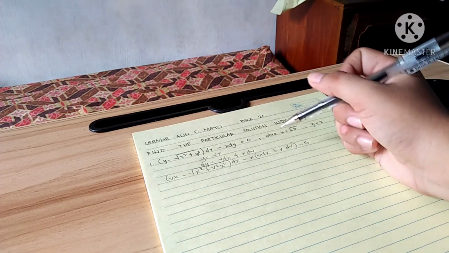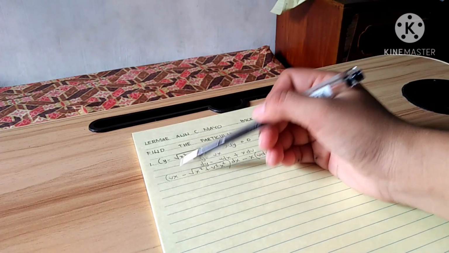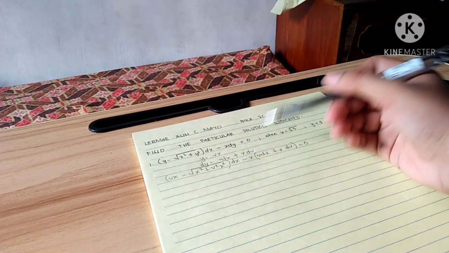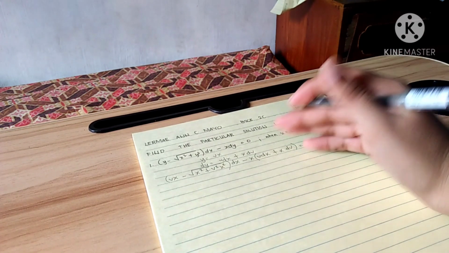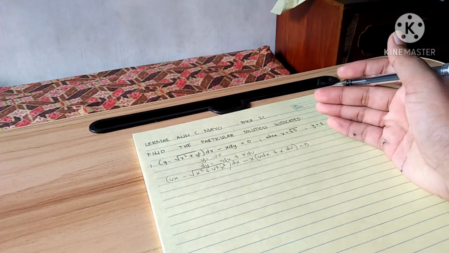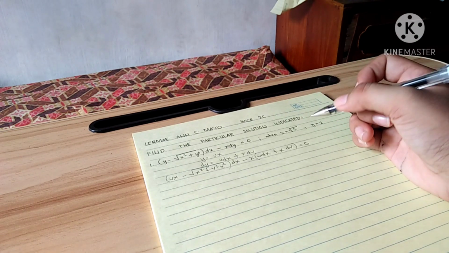As we can see in here, we have similar terms: the x squared, x, and x. So we have to eliminate that, and by eliminating that, we divide by x.